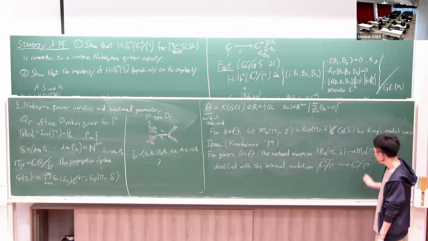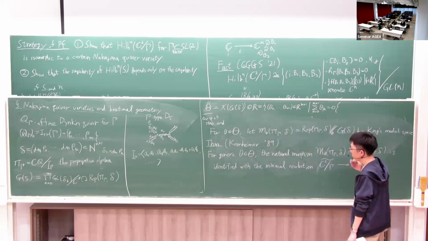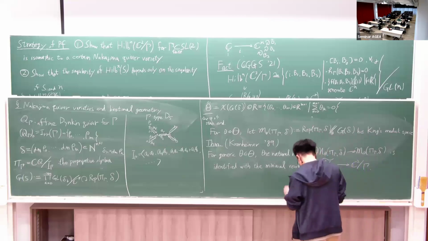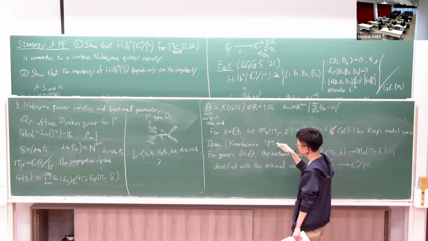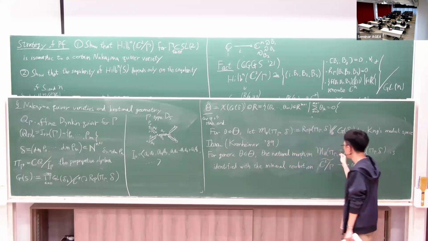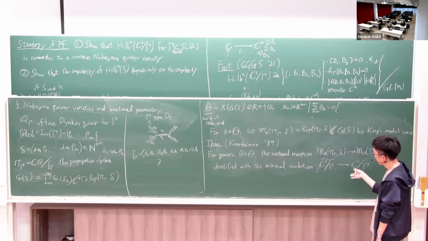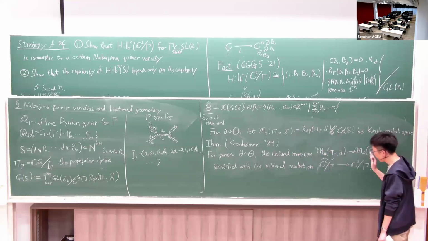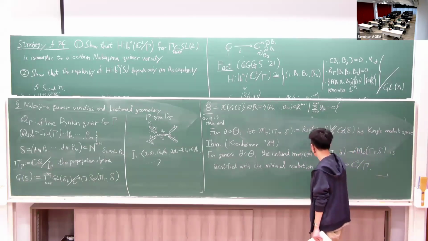So in this way, we can construct a resolution of singularity as a moduli space of this kind of representations. In fact, originally in Kronheimer's result, the moduli space was constructed as a hyperkähler quotient rather than the GIT quotient, but they can be identified. So we construct the minimal resolution as a moduli space in this way.